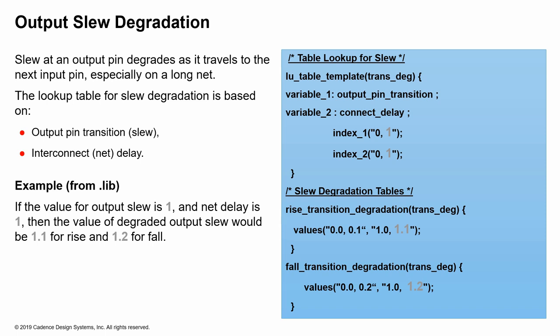Because the signal is traveling across many stages along the path, the slew at the output of one stage degrades before it gets to the next stage, and so on. Especially as it travels along a long net, you'll see slew degradation happen.